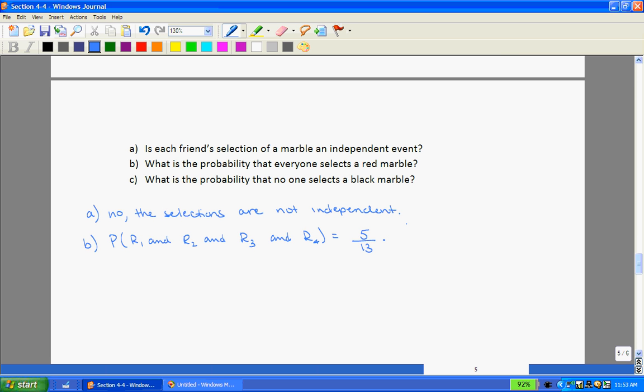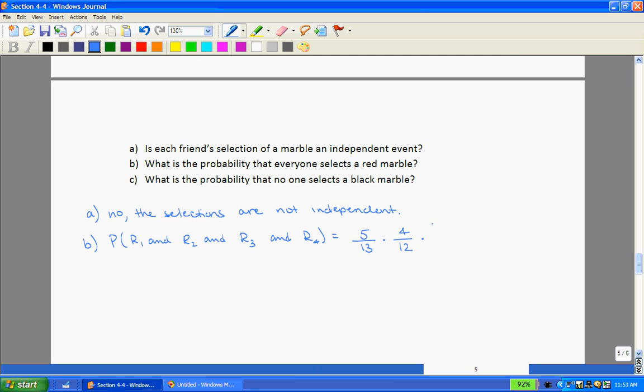But with the second person, there's no longer 13 marbles to choose from. How many are there now? There are only 12. And we're going to assume that first person picked red, because otherwise we don't get the chance of everybody picking red. So if that first person picked a red marble, how many red marbles are left? Well, now there are only 4. That outcome is affected by what happened on the first trial, so that's why these are not independent. Now let's think about the third person.